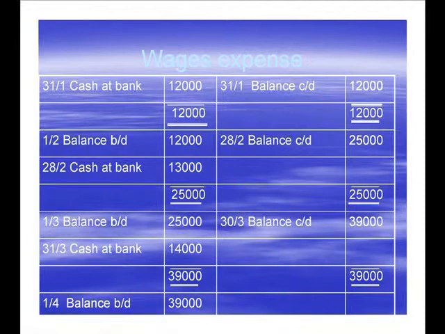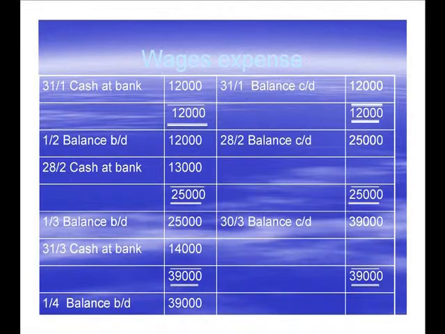You have learned the columnar form journal, cash payments journal. In the cash payments journal, because wages is a recurring expense, therefore we can create a column for wages. Then the wages column total is taken and posted to the wages expense account.